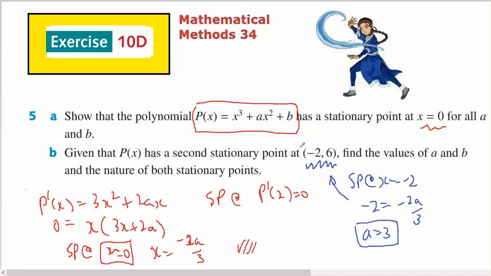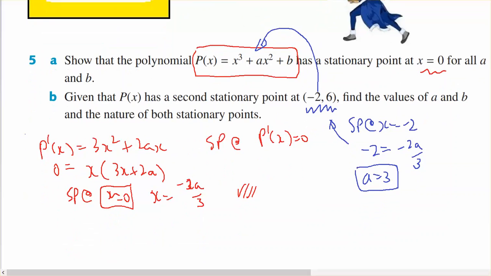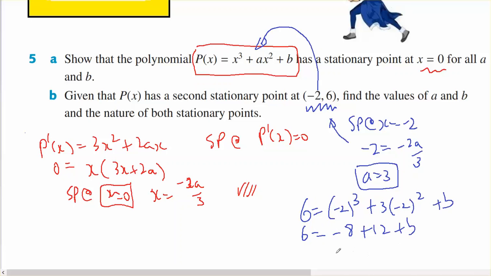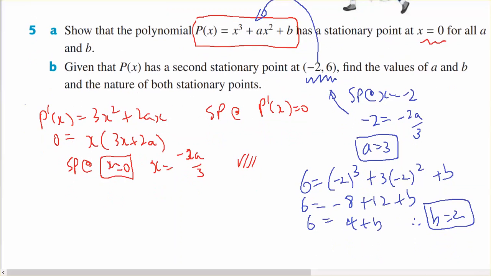And if a equals 3, I can sub this point into there to find out what b equals, because I know that it's equal to 6. 6 equals -2 cubed plus 3 times -2 squared plus b. 6 equals -8 plus 12 plus b. 6 equals 4 plus b, therefore b equals 2.